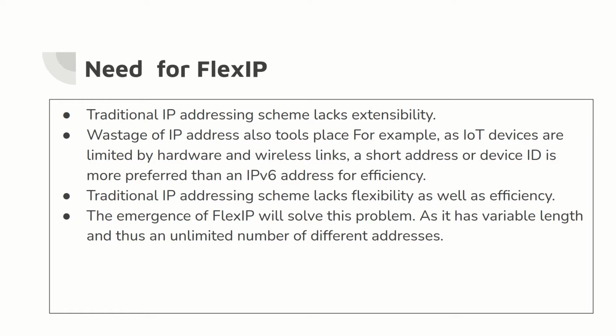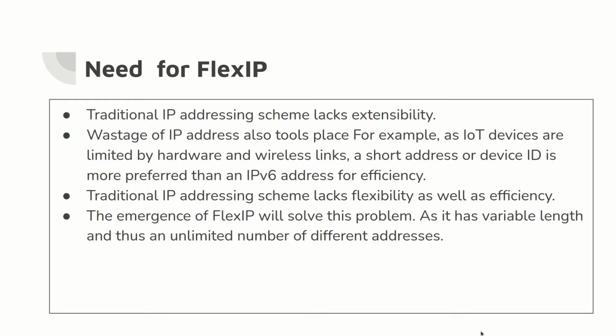On one hand, as the network is expanding towards the Internet of Things (IoT), the demand for address length in different scenarios can vary drastically. In the case of IoT devices, a short address or device ID is more preferable than an IPv6 address for better efficiency coming from less query time.